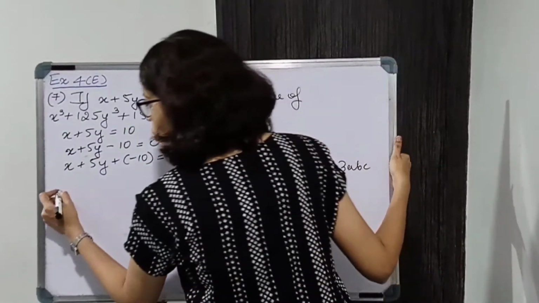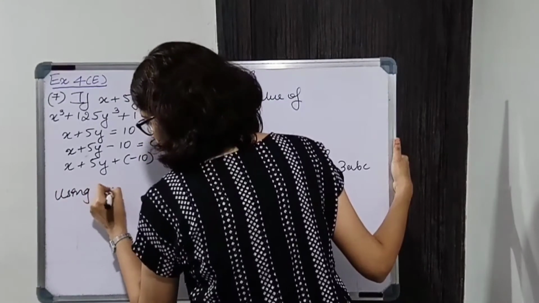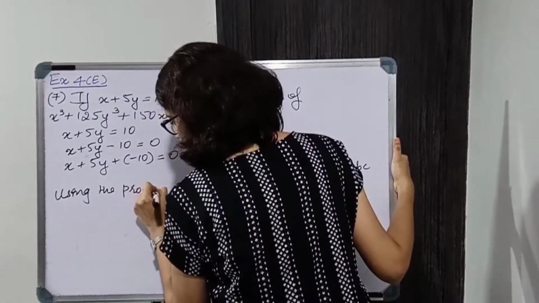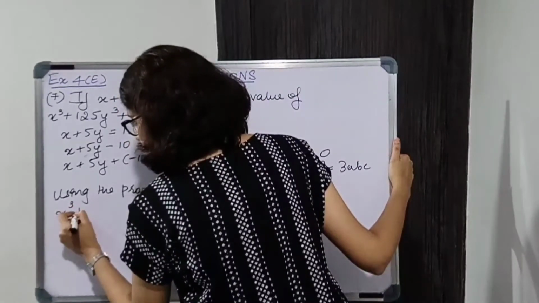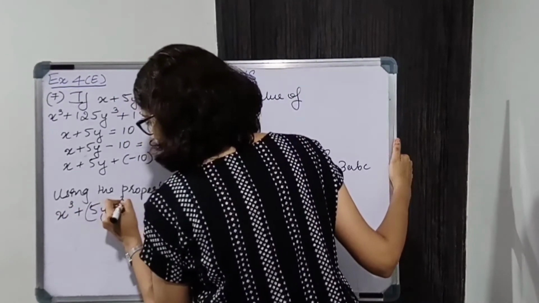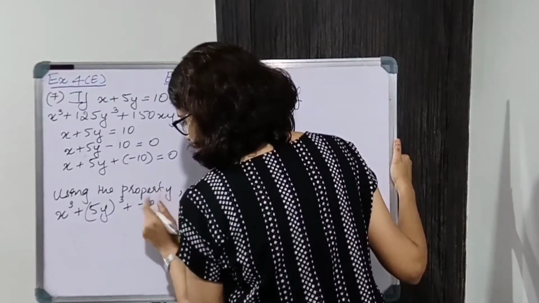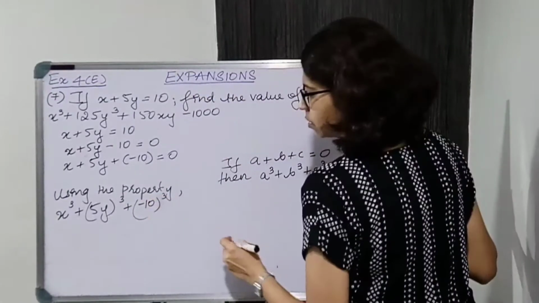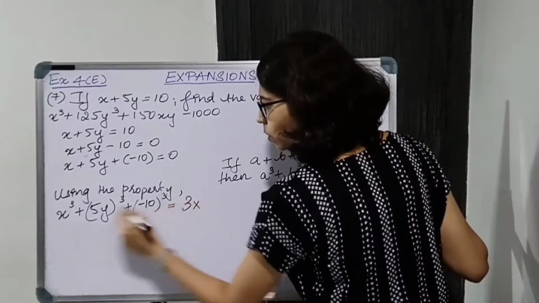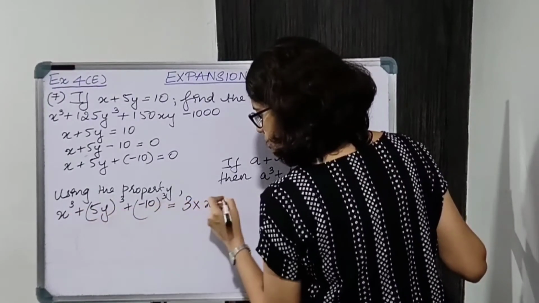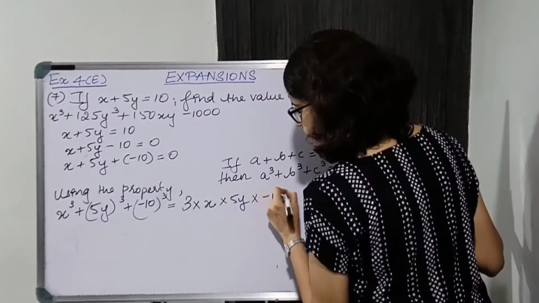Okay, so using the property, x cube plus 5y whole cube plus minus 10 the whole cube is equal to 3 into a is x, b is 5y and c is minus 10.